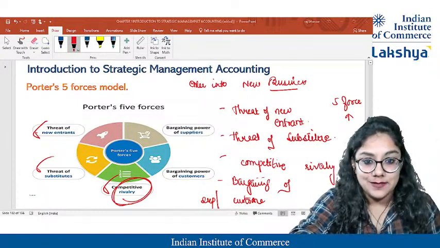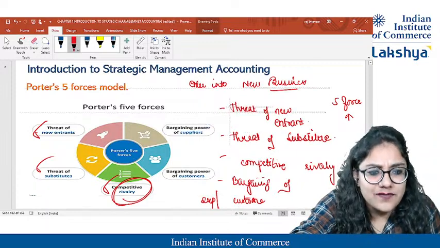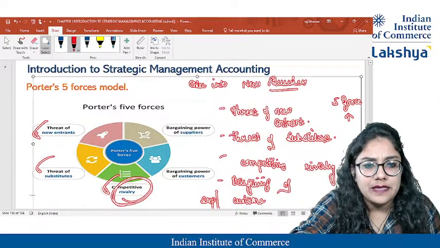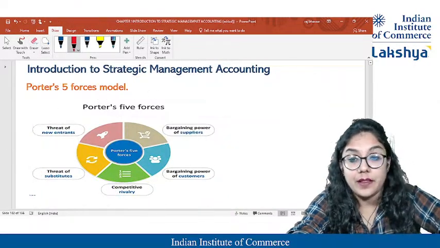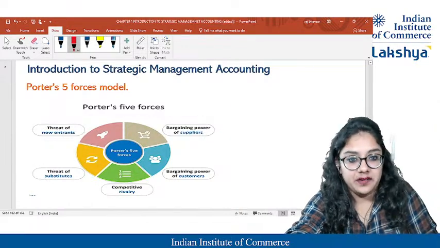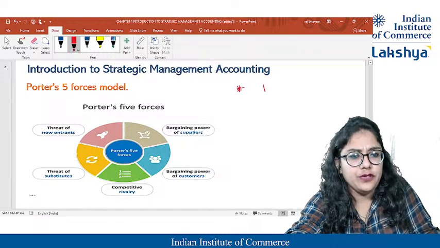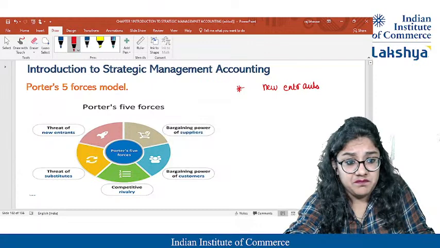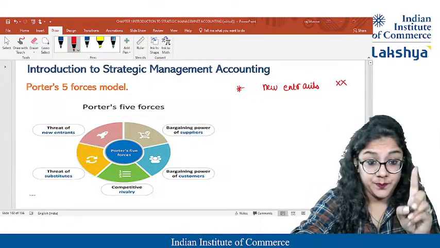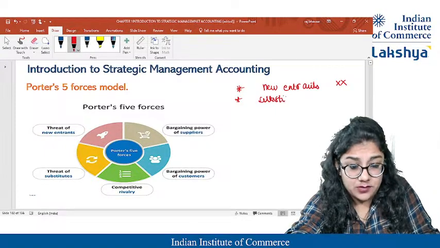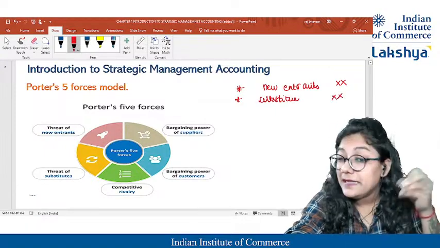So Porter considered that if all these factors are there, like the threat of new entrants and all, it's not good. If anyone can come in, it's not good. If there are lots of substitutes of my product, it's not good to enter that market.